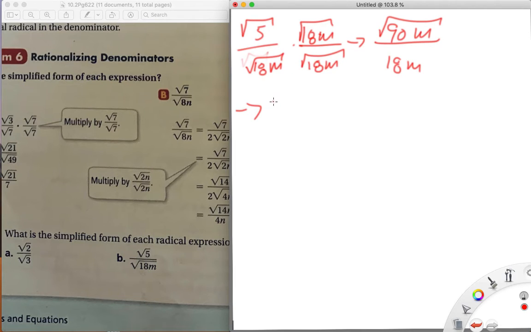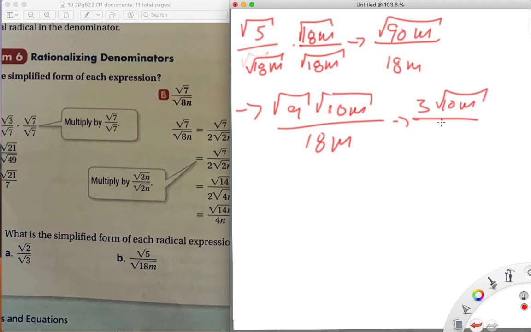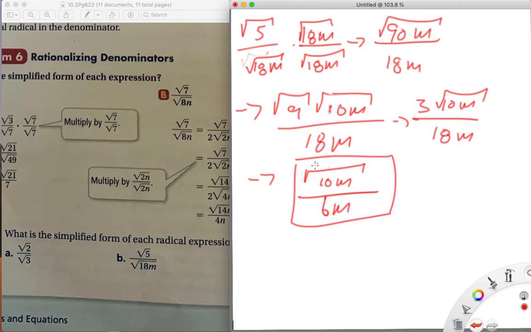So this is going to be the square root of 9 times the square root of 10m over 18m, which turns into 3 times the square root of 10m over 18m. Divide top and bottom by 3, so I got the square root of 10m over 6m. Okay.